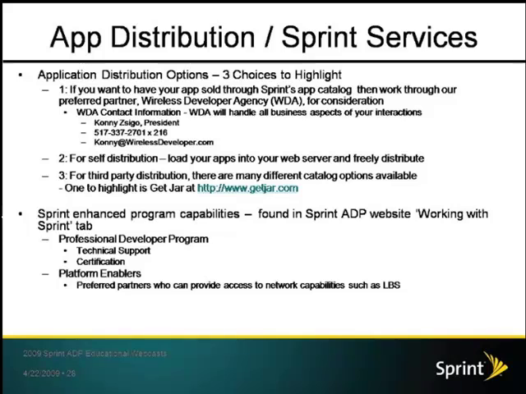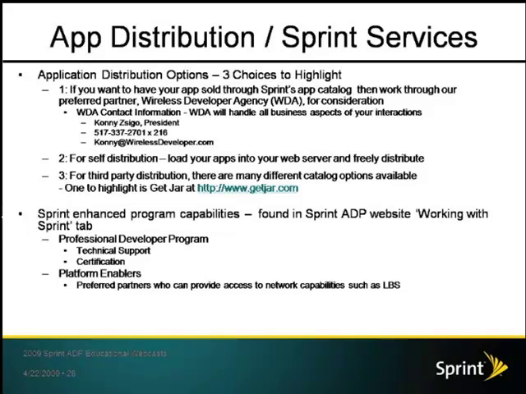So what I'm going to do is cover, in the last couple of slides, some questions we get around app distribution and how developers work with Sprint. I've seen quite a few questions posted on BuzzBot Sprint users and also our own message forums. So we wanted to talk about the 3 different options developers have if they create an app to run on the Instinct, the S30, or any Java device Sprint has.